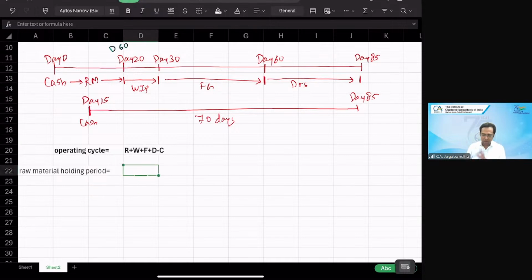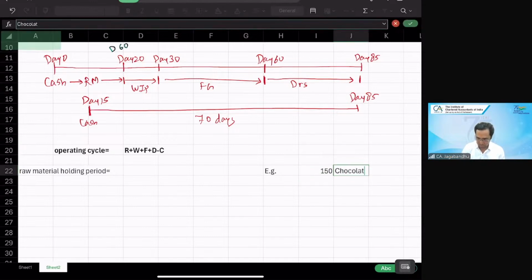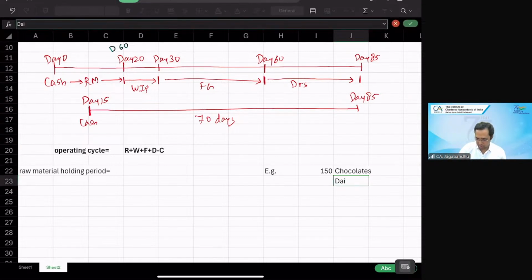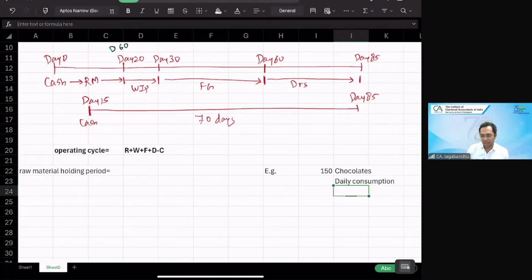How do we calculate the raw material holding period or raw material storage period? Let's understand it with the help of an example. Suppose you have in one box 150 chocolates, and daily consumption, every day, your family members are eating, let's say, 5 chocolates.